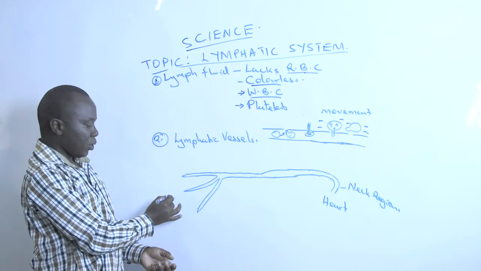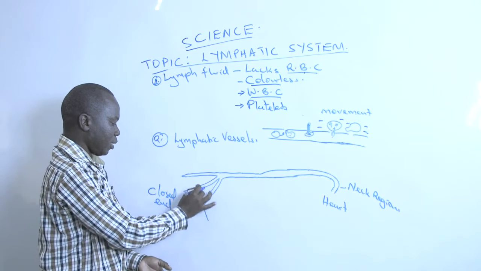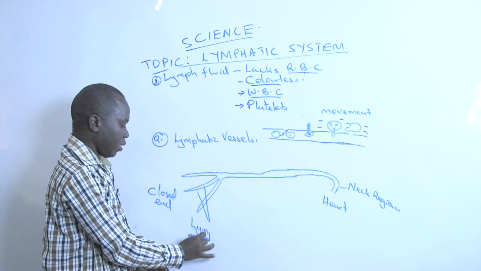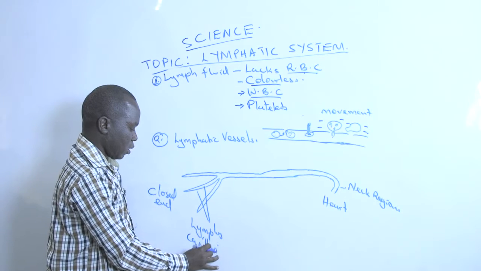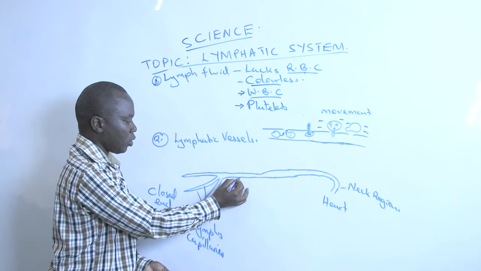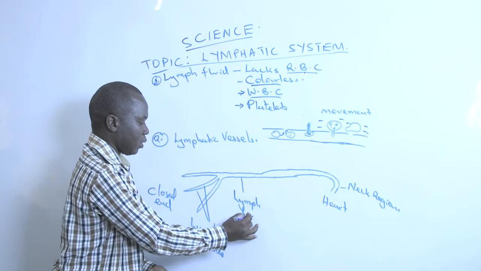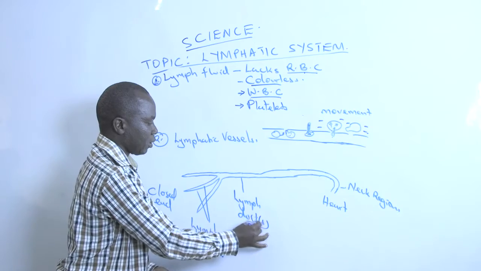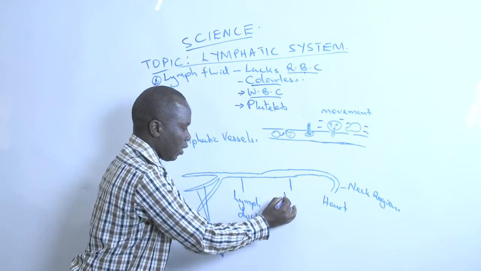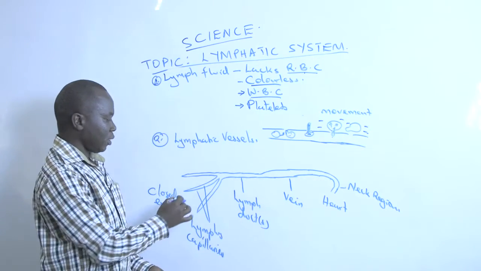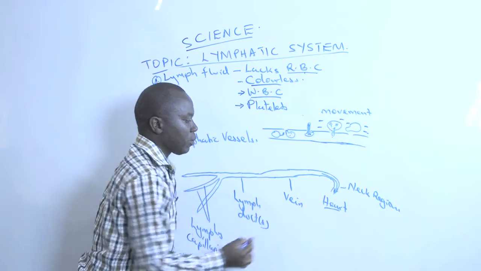So it is a closed end. This is a closed end. These are capillaries. We call them lymph capillaries, which will join into a lymph duct, or if there are many, ducts, and then it later joins into a vein that drains the fluid into the neck region and then into the heart.